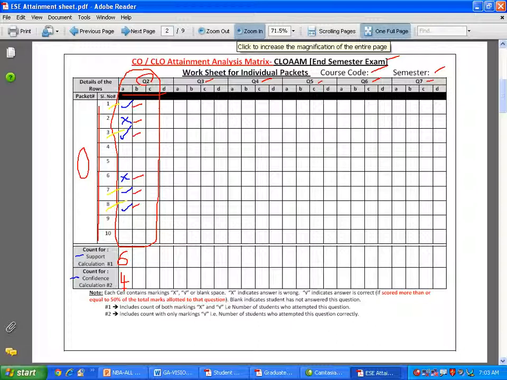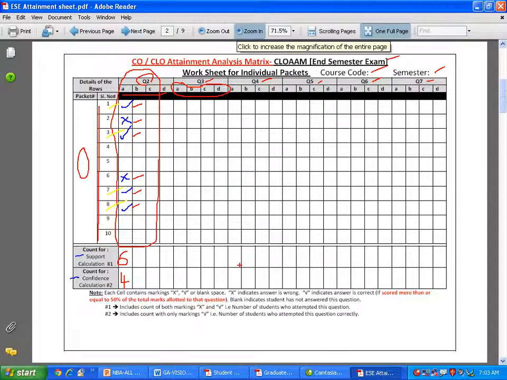If there are no options for a given question, or all the options are based on the same course outcome, then you can use only one column out of these 4 options to indicate that, question number 3 in this case.